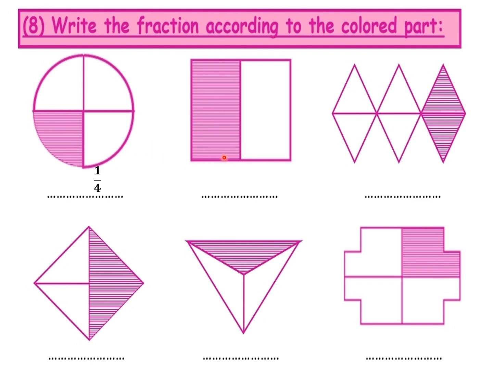Here I have two parts, and I colored one of them, so I took 1/2. This is called half. Here I have three parts, and I colored one of them, so 1/3, so it's the third, so I write here third.